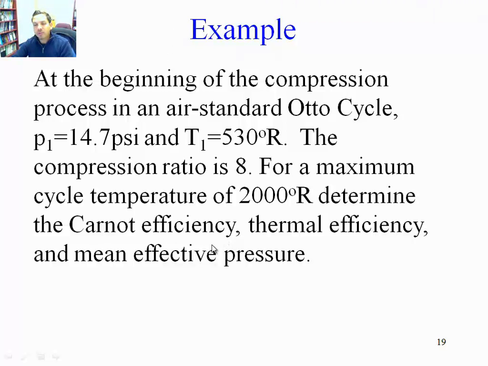The Carnot efficiency is the highest limit for efficiency under these particular conditions. If the thermal efficiency we calculate goes above the Carnot efficiency, then we have a problem. We violated the second law of thermodynamics. And we're also to calculate the mean effective pressure.